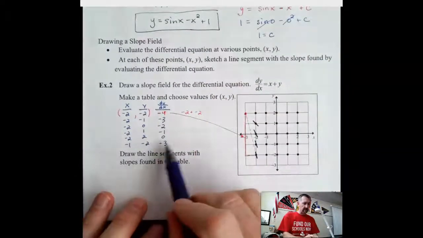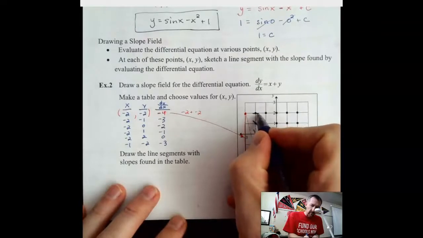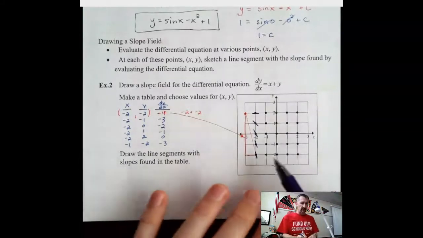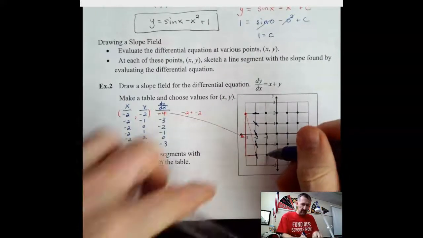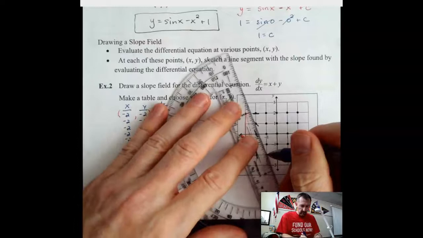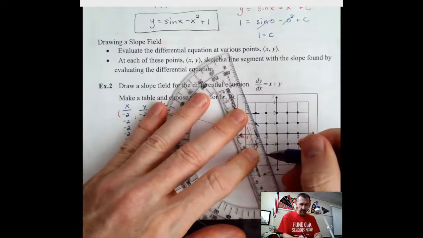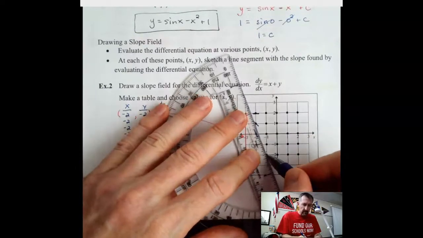And then at -2, 2, the slope is 0, so that's just going to be straight across there like that. Now, we could go over and keep going. So at -1, -2, the slope is -3. I'm going to use this point up here to give me a -3 slope. Make sure you're on the center of that when you do this.